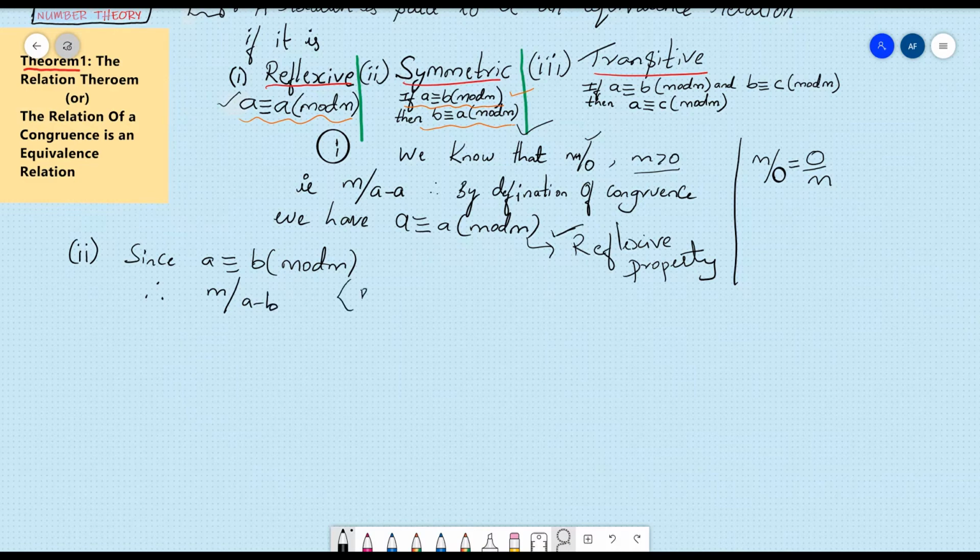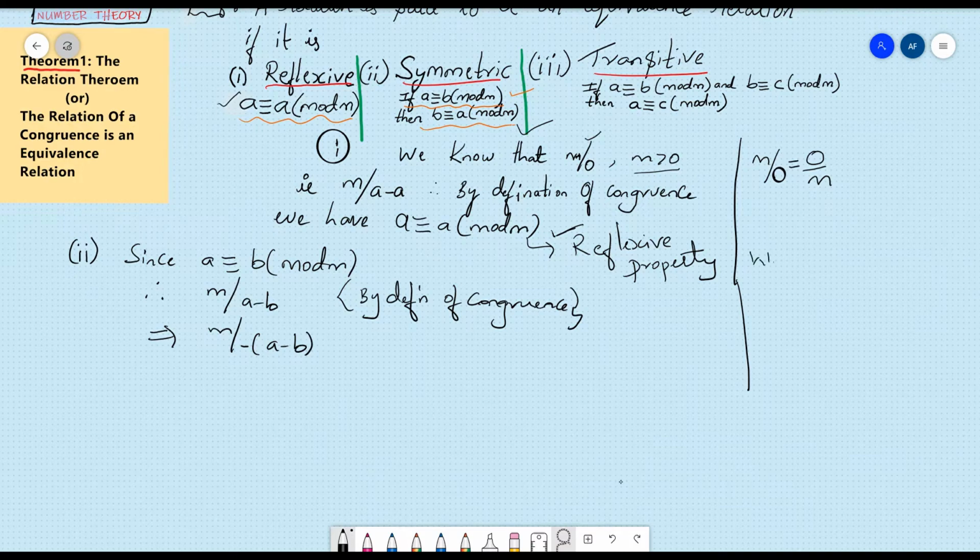That is possible, right? That implies m divides minus of a minus b. Why have I written this? In congruence we have a property that m divides a is equal to m divides minus a. This is one and the same.